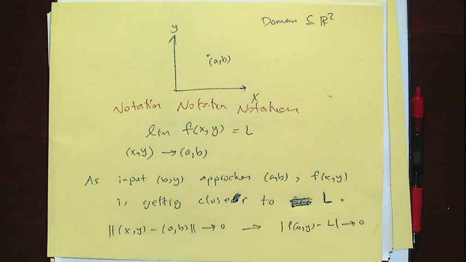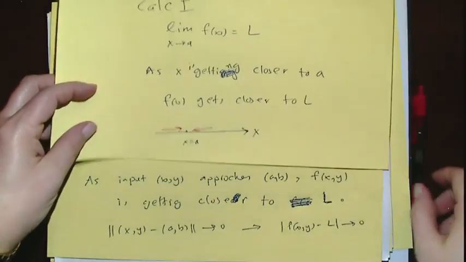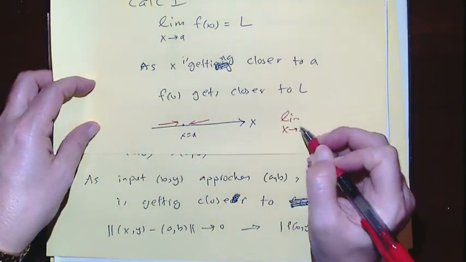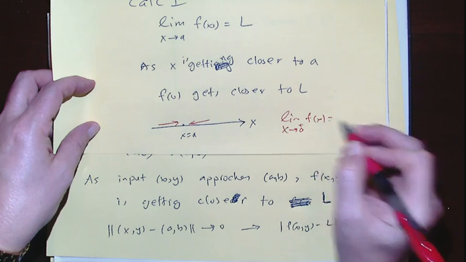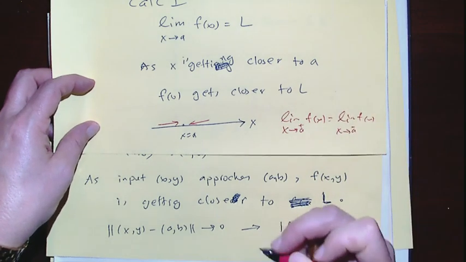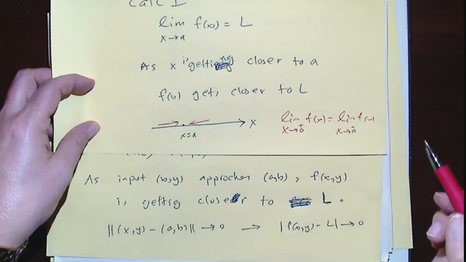What does this getting closer mean? Let's go back to Calc 1. You said either right or left. There were two directions. And at the end of Calc 1, you learned something more. You learned that the limit of f of x as x approaches a from the right should be equal to the limit as x approaches a from the left, right?